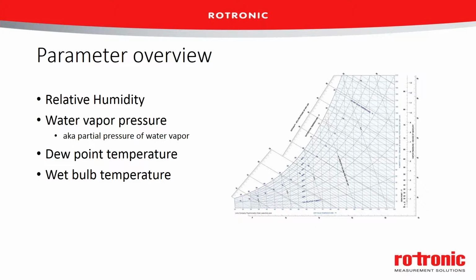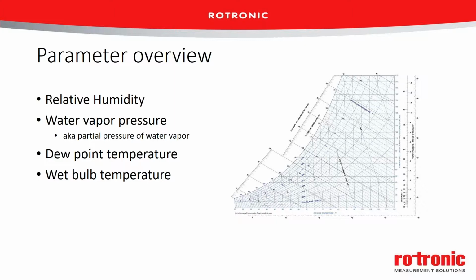And finally, wet bulb temperature. There's also a sensor we're going to talk about that measures direct wet bulb. This is the temperature as measured as water evaporates. As Michael's going to go into in more depth, as water evaporates, it takes energy and that lowers the temperature. And that's the wet bulb temperature.